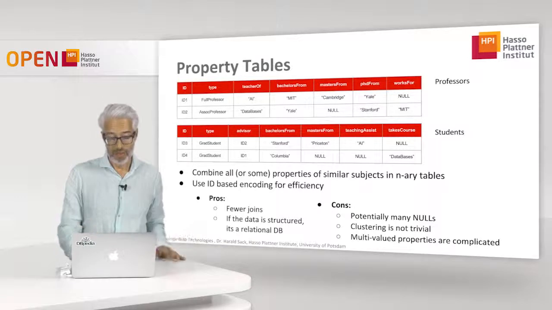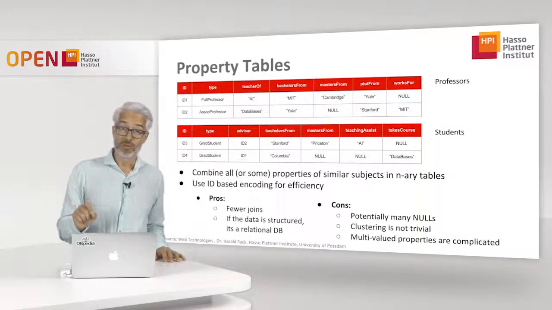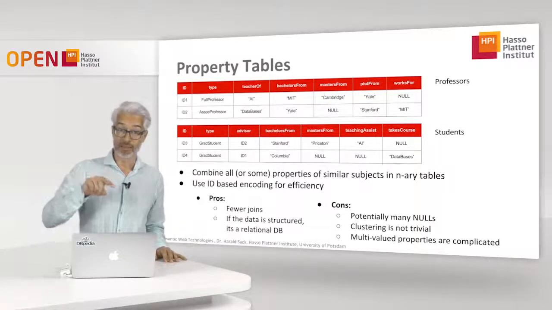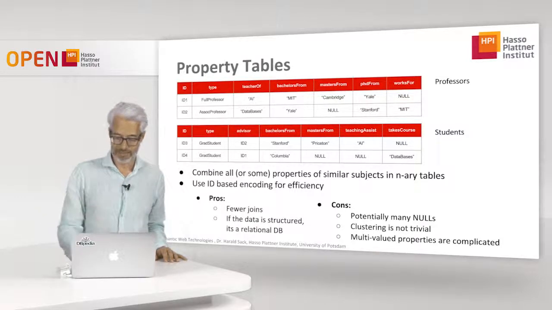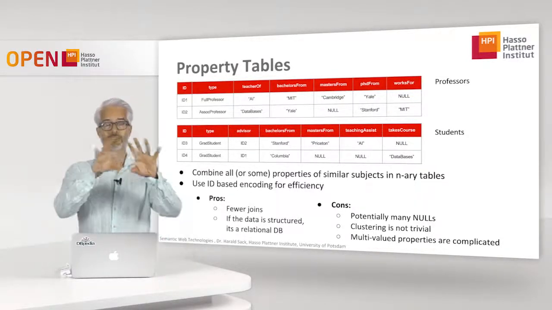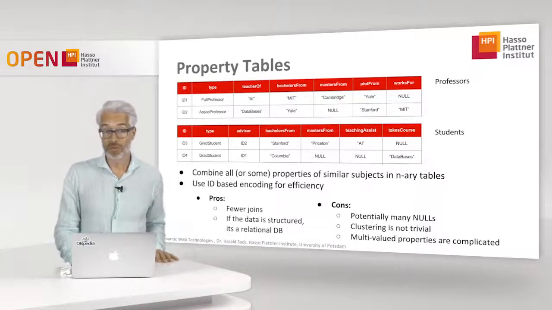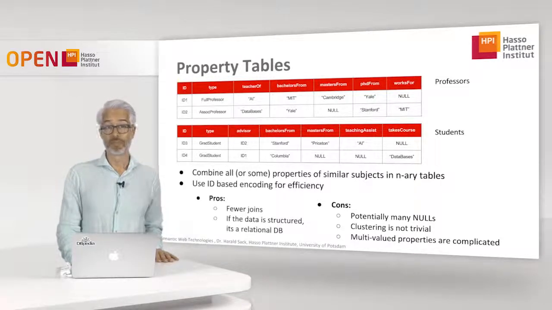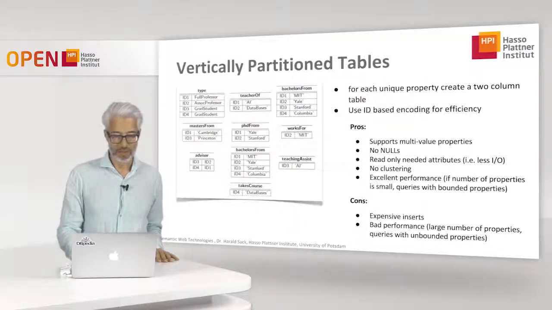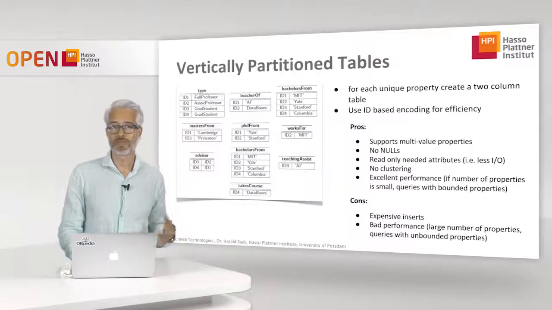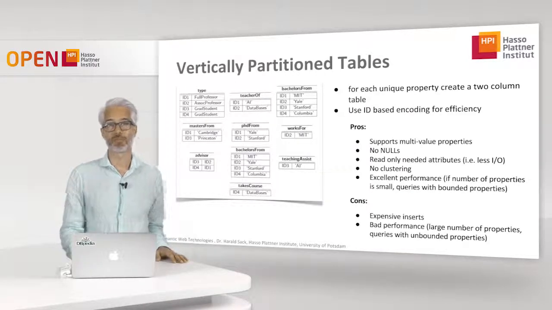So if you try to improve it from the other side, so to make a much easier approach to split up this huge monolithic table, you could also think to create a new table for each single property that occurs. And then you would end up with something which is called a vertically partitioned table approach.